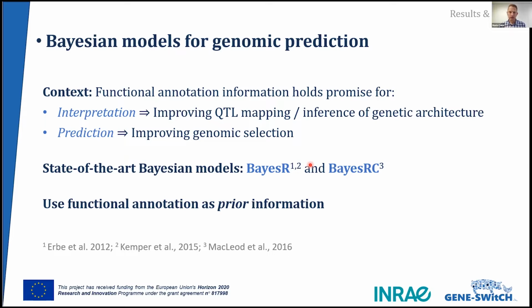So in this sense, it can help to do QTL mapping and to make inferences about the background of the traits. Once that's the case, we also hope that it can improve prediction so that it can give higher genomic prediction accuracy. So the starting point here was to use state-of-the-art Bayesian models. One is called Bayes-R and one is called Bayes-RC. I'll go into a bit more detail in a minute. And then to add functional annotation, and multiple sources thereof, as prior information in the model.